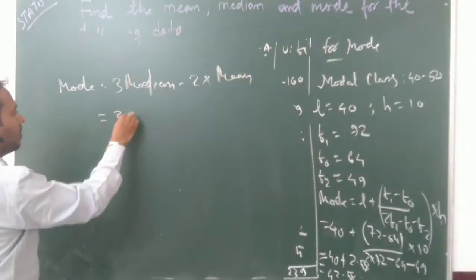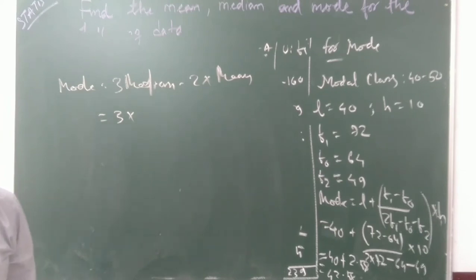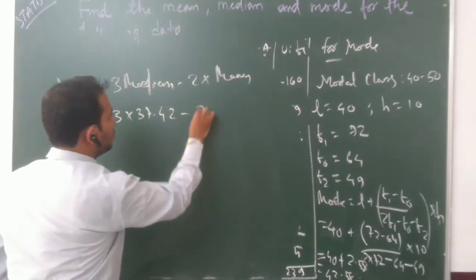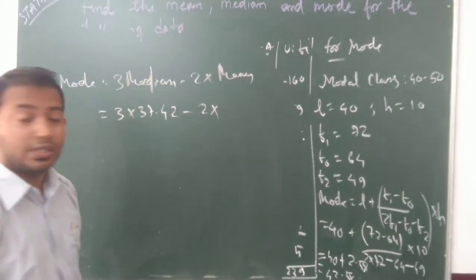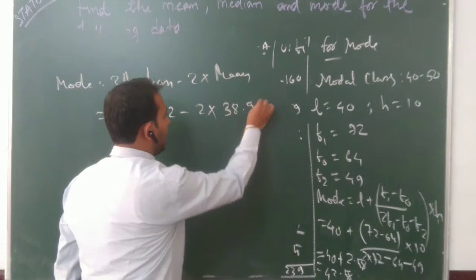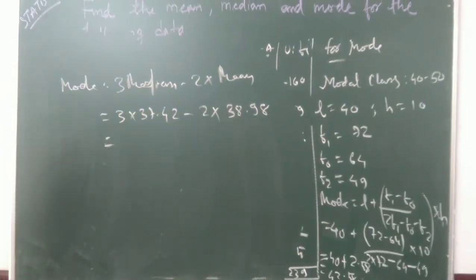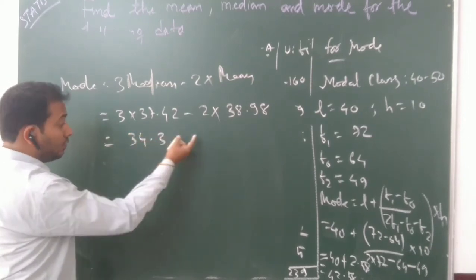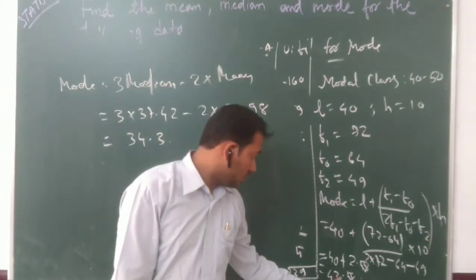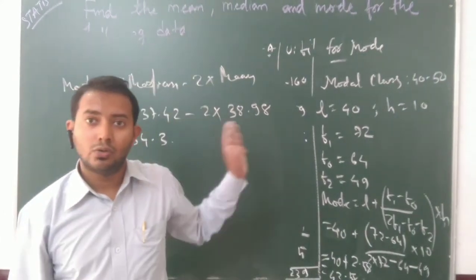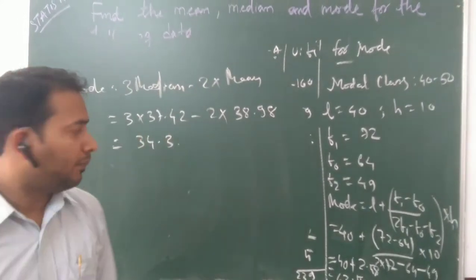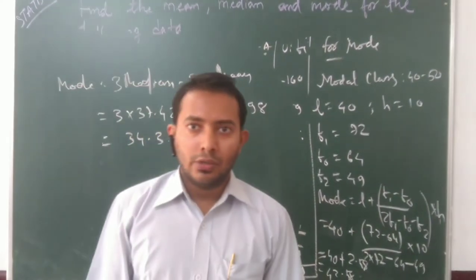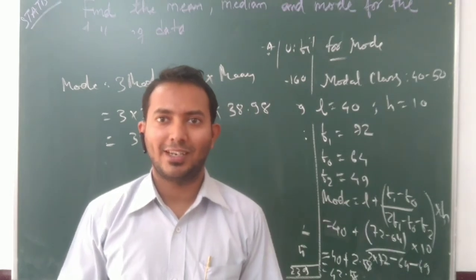The median we found is 37.42, and the mean is 38.9. After solving, we get approximately 34.3, which is not equal to your 42.58. Have you seen? Too much variation. So you can apply it, no problem, because we are already getting an estimated result. Hope you people have enjoyed the class. Thank you.